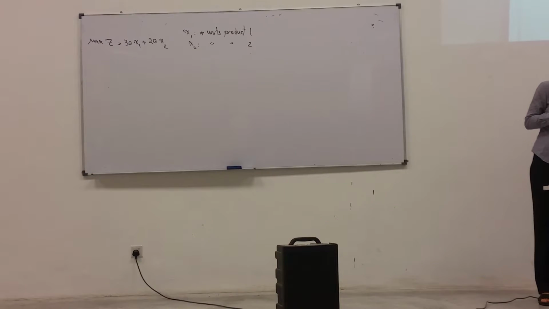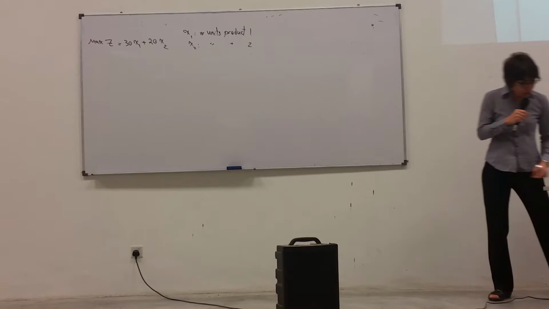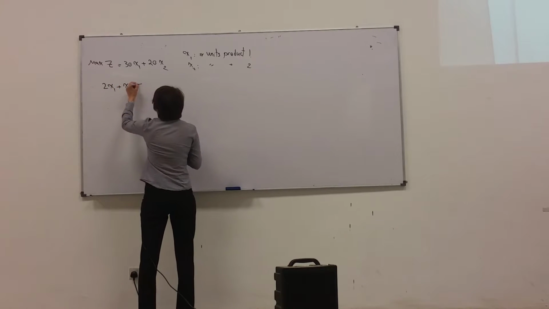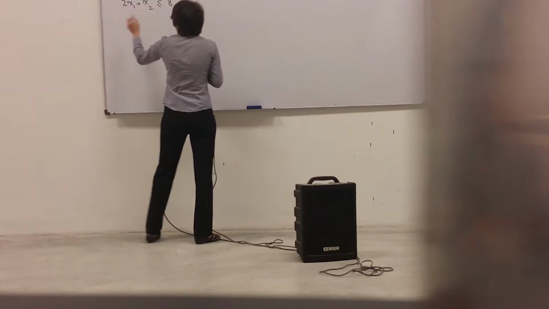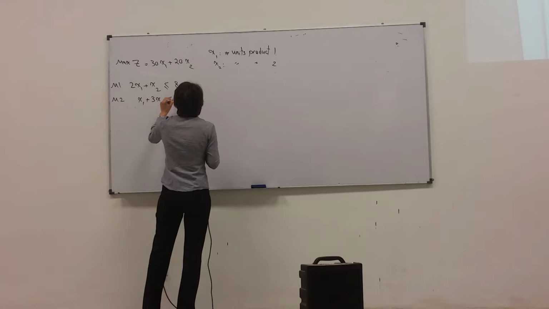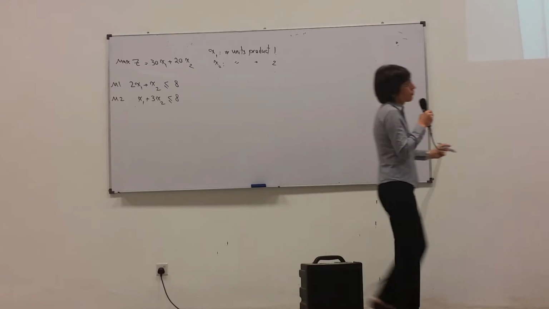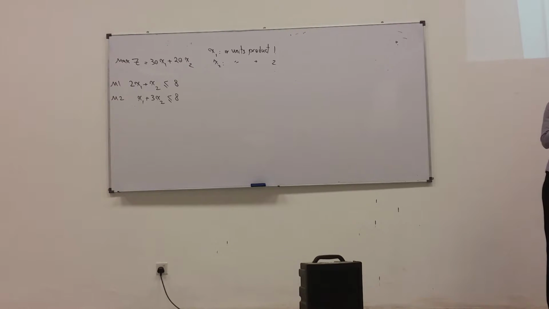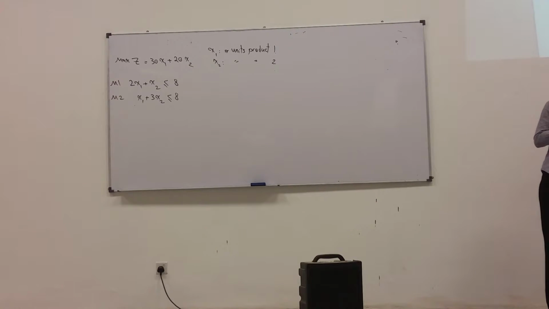So now you write the constraint. You can see, for machine 1, it is 2x1 plus x2 less than or equal to 8, because it said that product 1 requires 2 hours on machine 1 and 1 hour on machine 2.